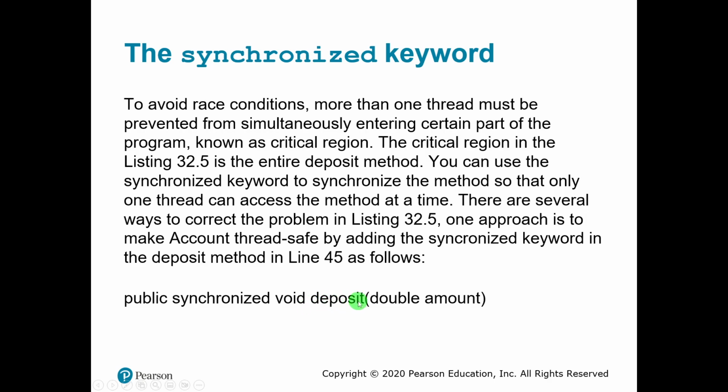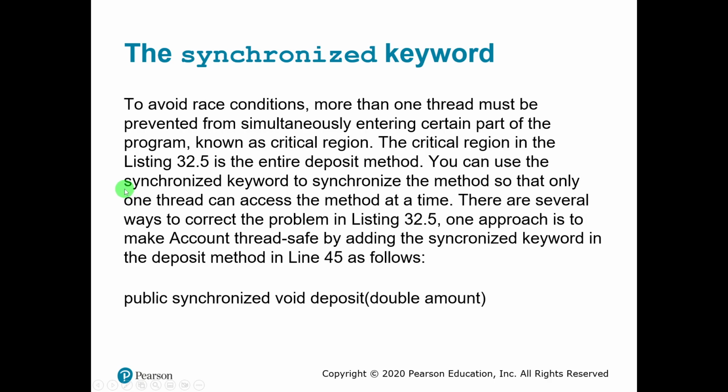We need deposit to complete for the first thread before the second thread can access it. And once the second thread accesses it, then nobody else should be able to access it until after it's complete. And then the third thread can access it, and so on and so forth. So that deposit method is the critical region in this program.